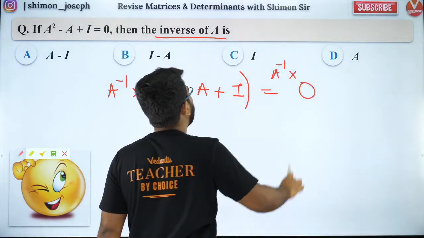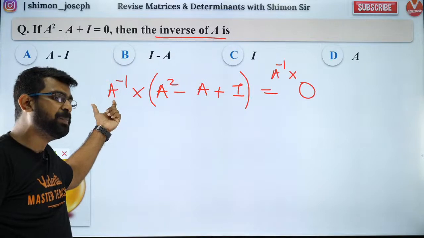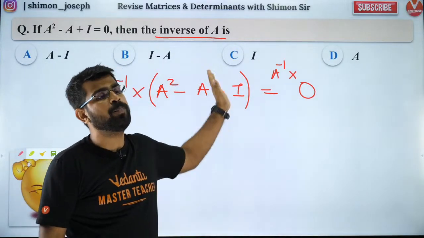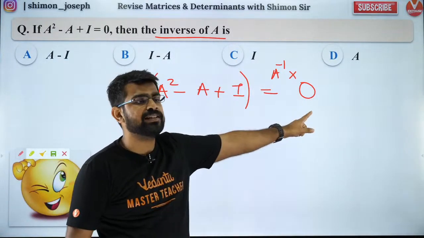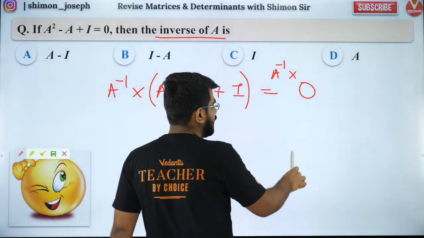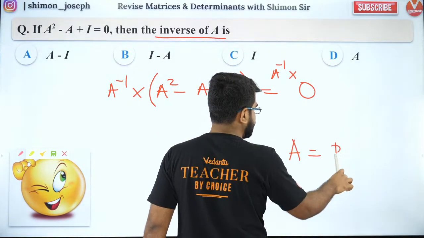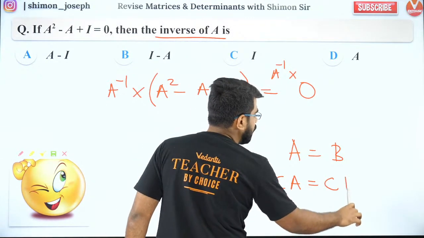Guys, when you do matrix multiplication on both sides, you need to either do pre-multiplication or post-multiplication. You can't do one side in the front, one side in the back. Many people don't know that. So if you have A is equal to B, if I multiply CA, then I need to multiply C in the front only.